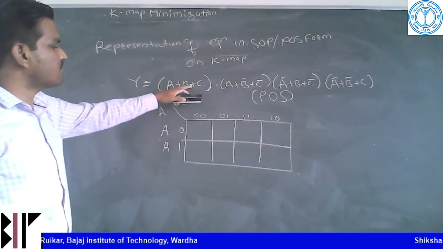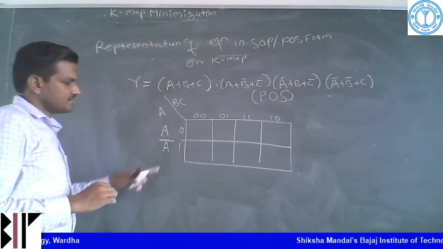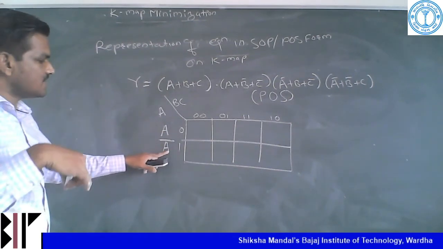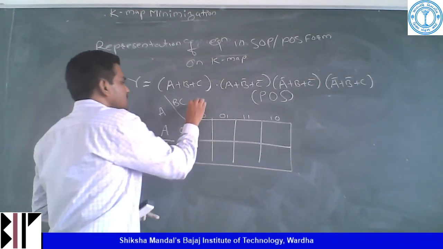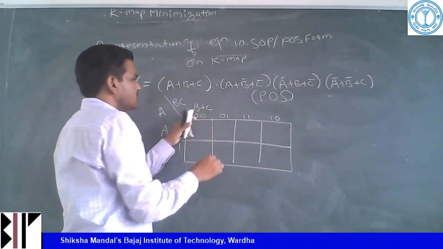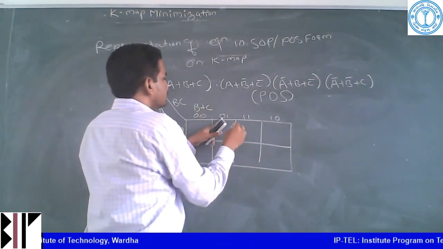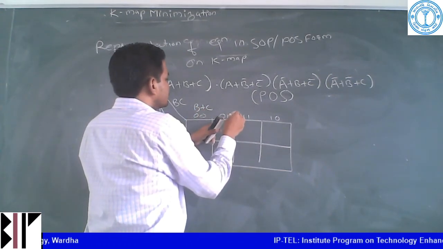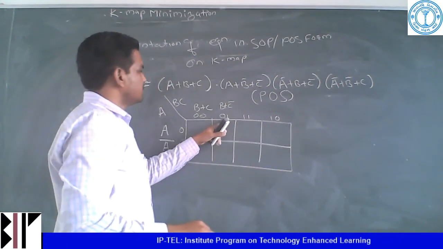Now in terms of max term, 1 is represented as A bar and 0 is represented as normal variable. So this is my B plus C. Okay, B plus C, as this is max term. So 0 1 is represented as B plus C bar.